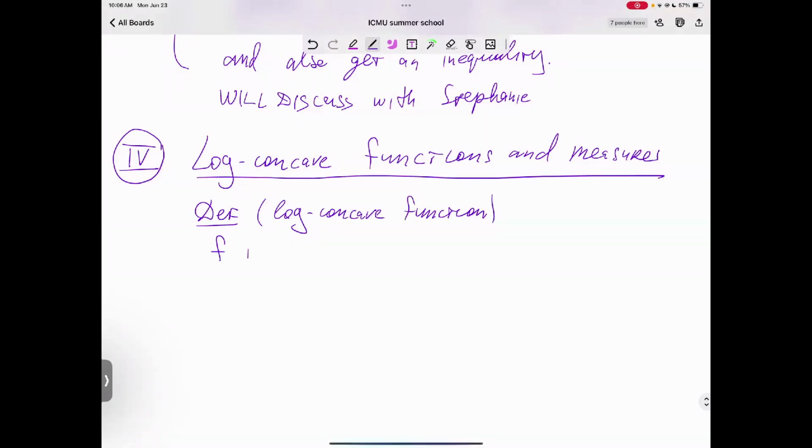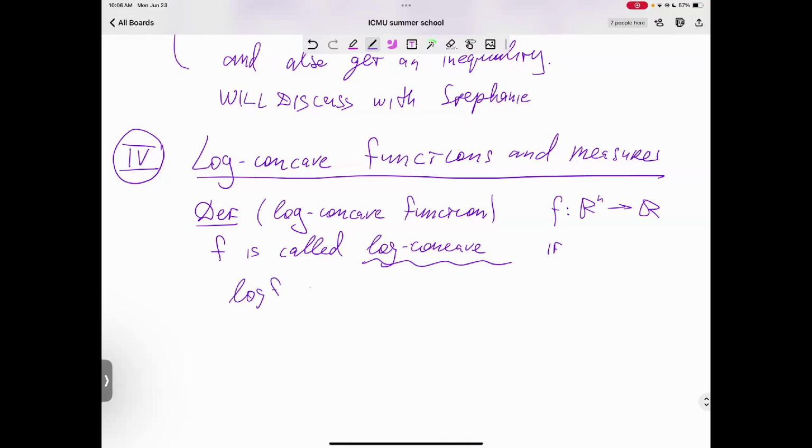A function f from Rn into R is called log-concave if its logarithm is concave, if log f is a concave function.